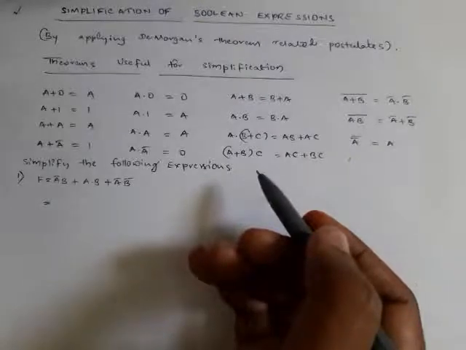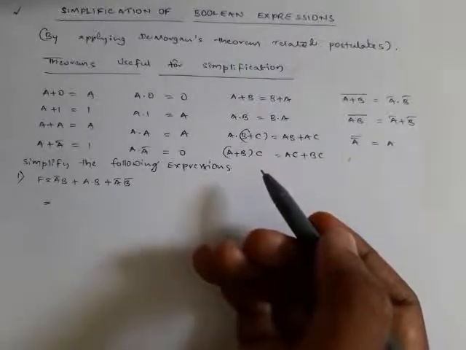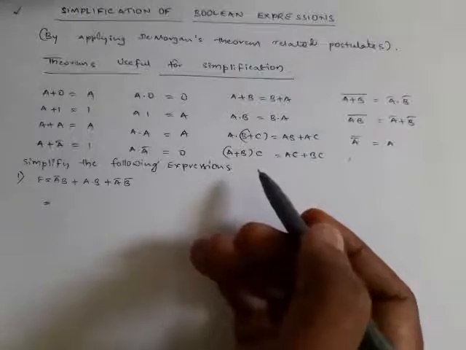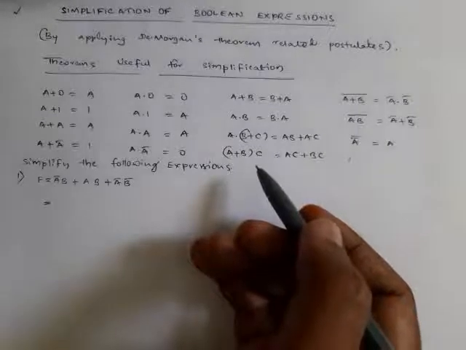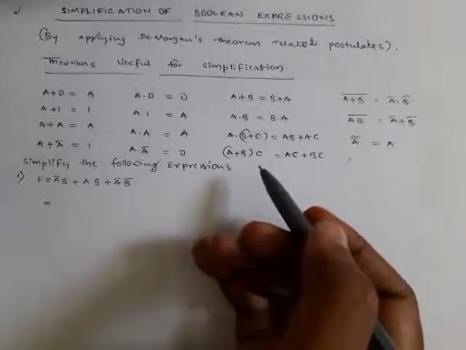So, then what is meant by simplification of Boolean expression? The simplification of Boolean expression means reducing the number of variables or the number of operations that are present in the original Boolean expression.